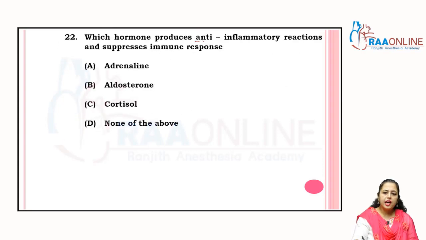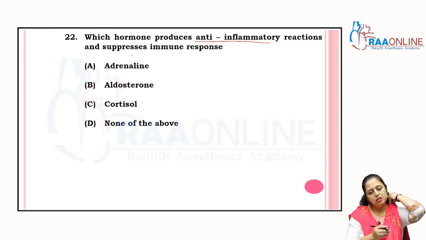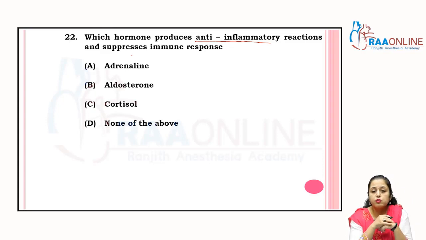Which hormone produces the anti-inflammatory reactions and suppresses the immune system? We already studied that is a function of the cortisol, right, which is also known as the hydrocortisone. Actually, it is also known as the stress hormone, and it is also responsible for the excessive obesity. You can see in some conditions, some persons who come in stress, at that time they eat more than the normal amount, right?